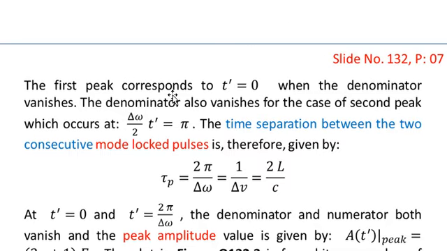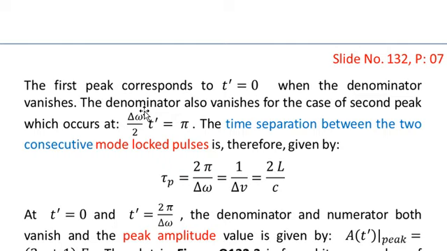The denominator also vanishes for the case of the second peak, which occurs at delta omega divided by 2 into t prime is equal to pi. So the denominator will vanish at time t prime is equal to 0, and when the time t prime follows this condition, then again the denominator will be equal to 0. For all values equal to n times pi, that is, integer multiples of pi, of course the denominator will be equal to 0.